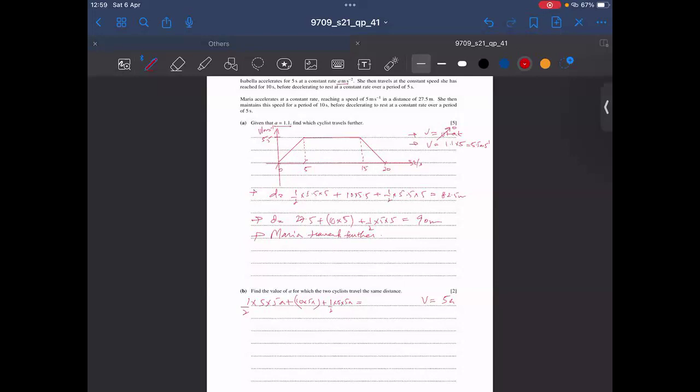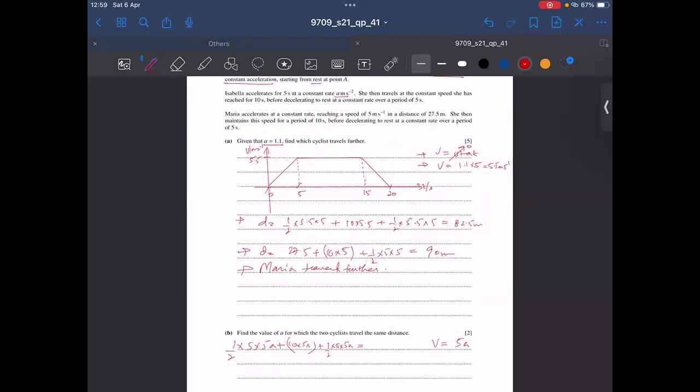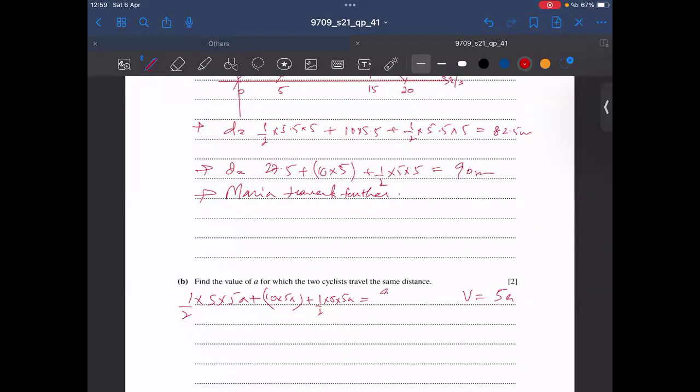Travel the same distance. So there's no A in Maria's case. So I'm going to keep that equal to 90, because that is the distance Maria has traveled.